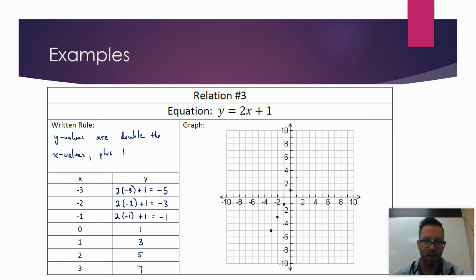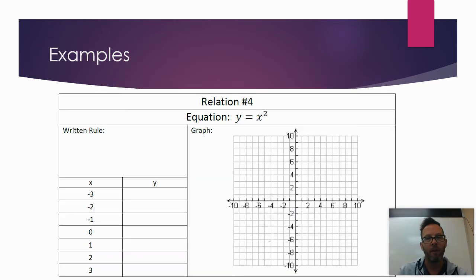Again, it is a linear relation because the graph is a straight line. Draw your straight line. That looks pretty good. All right, another linear relation, just getting used to this idea of what a relation is and generating a table of values. How about relation 4?